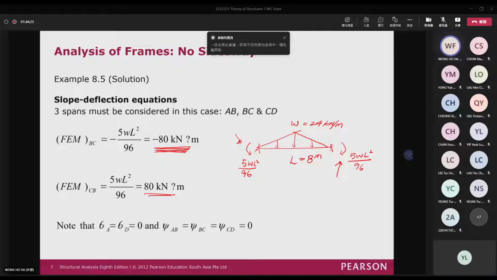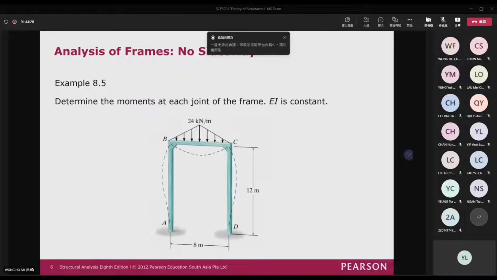Then you can see that the angles theta A and theta D are on the fixed supports, so the angle of rotation is equal to 0. However, for B and for C, you will have rotation at these joints. So both theta B and theta C are not equal to 0.